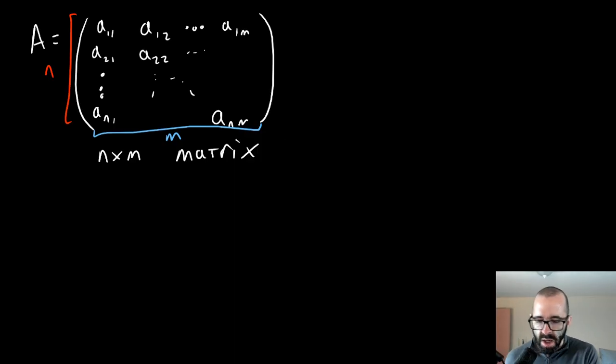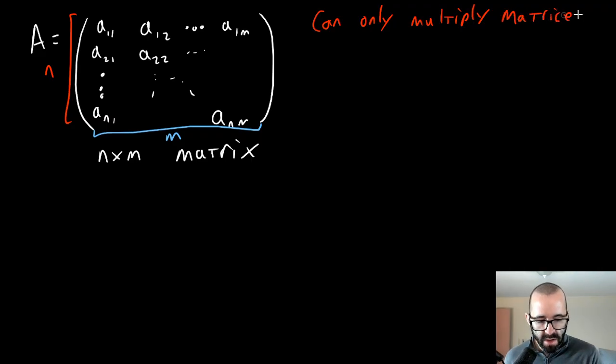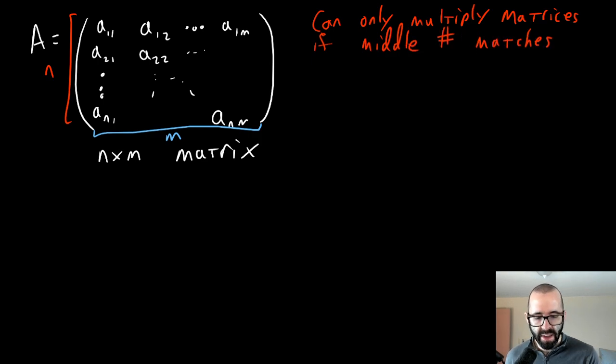And that's really useful because we can only multiply certain matrices together. Specifically, we can only multiply matrices if the middle number matches in terms of its dimension. So here's what I mean by that.